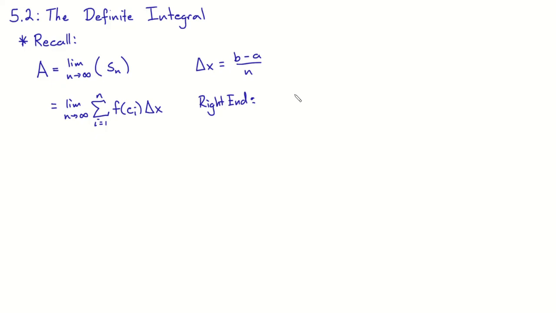Look through your notes. I'm going to call in somebody random, so it will be a cold call. But how do we get c sub i? How do we get c sub i is what I'm looking for. Anybody have a good answer?